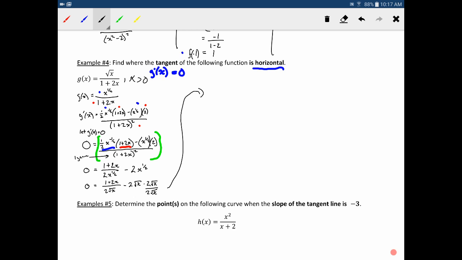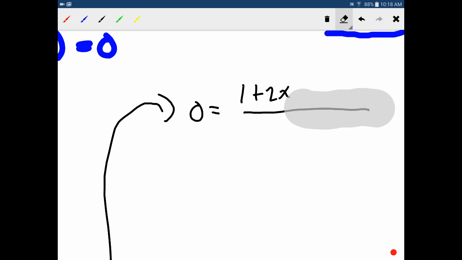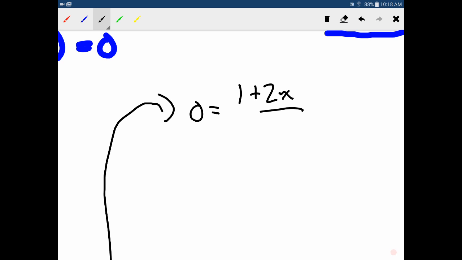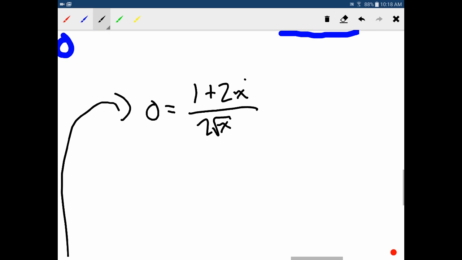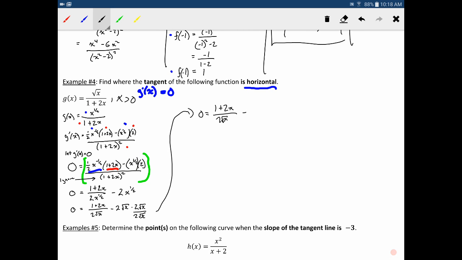So I'm going to pick it up over here, and we're going to have 0 equals 1 plus 2x over 2 root x. I'm going to do more steps than I would necessarily. Okay, and then it's minus 4x.